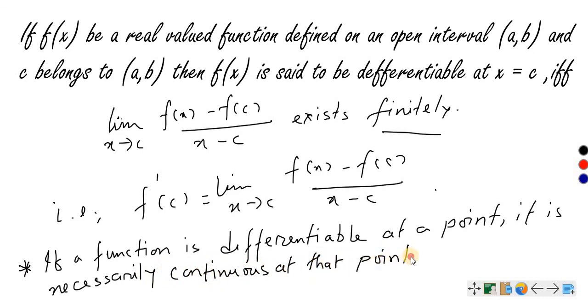So you must remember this point, that if a function is differentiable at a point, it means it is continuous at that point. But the converse is not true. Fine. So this is all about the concept of differentiability.